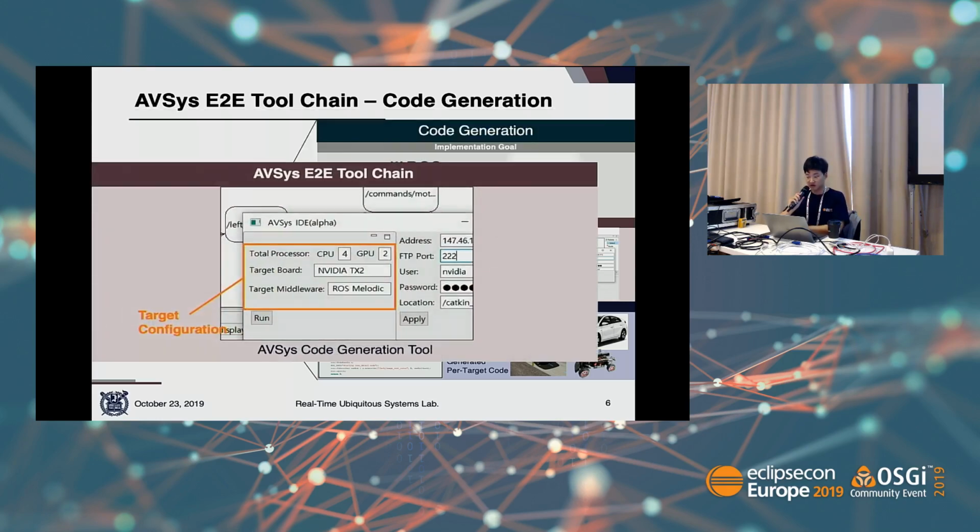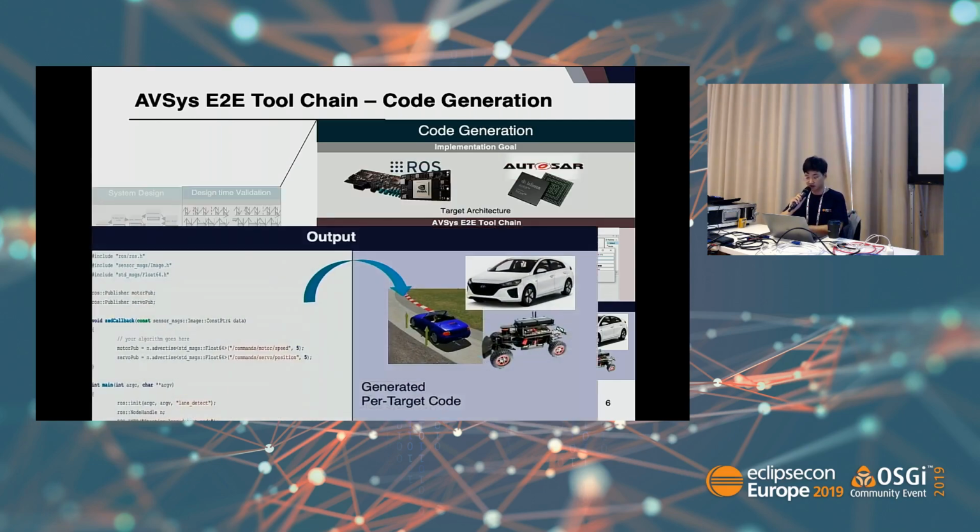Then you just need to configure the target systems: what board you are using, and the middleware version you need to operate. After that, you just click the run button. Then it will create the target code for the target system.